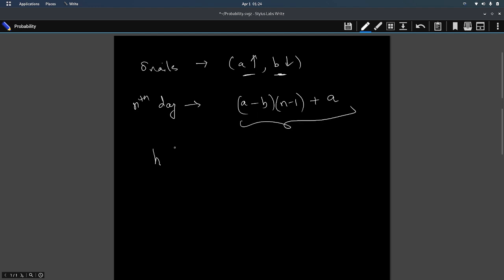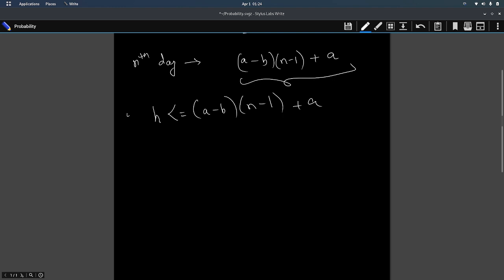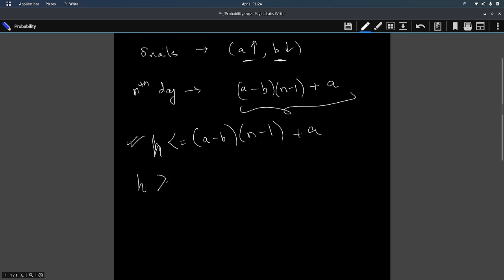So it is obvious that our height should be less than or equal to this, right? Our height cannot be greater than this. This is the first condition. Our height should also be strictly greater than (a minus b) times (n minus 2) plus a.